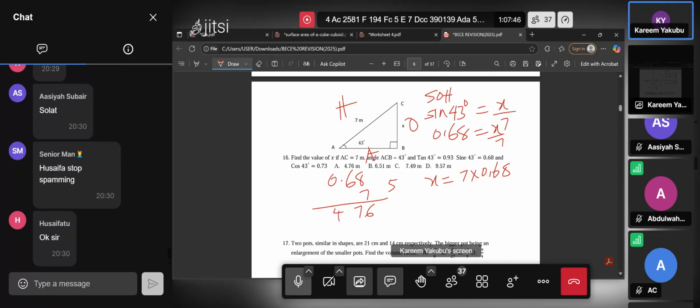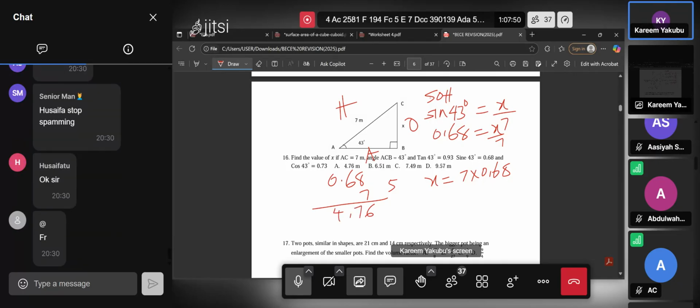That's 4.76. 4.76 meters. That is A. Just prepare that you are not going to use a calculator. Because for them to have given you all these hints that sine 43 is this, they are saying that they are not expecting you to use a calculator. So that is what is happening there.